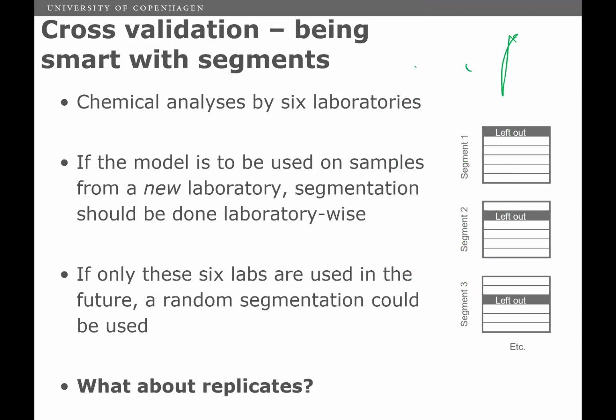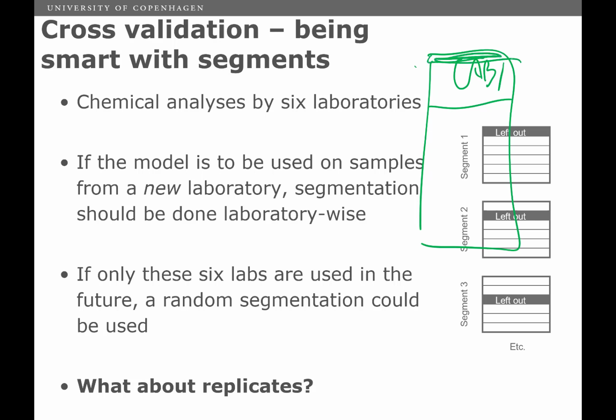So that would be one type of cross-validation if my aim was to show how the model works on new laboratories. On the other hand, if I am only going to use this model on these 6 laboratories, then I would maybe do the opposite. Then I would maybe say, I'm going to leave out just one sample here from lab 1 because I don't want to remove all the lab information when I build my model.